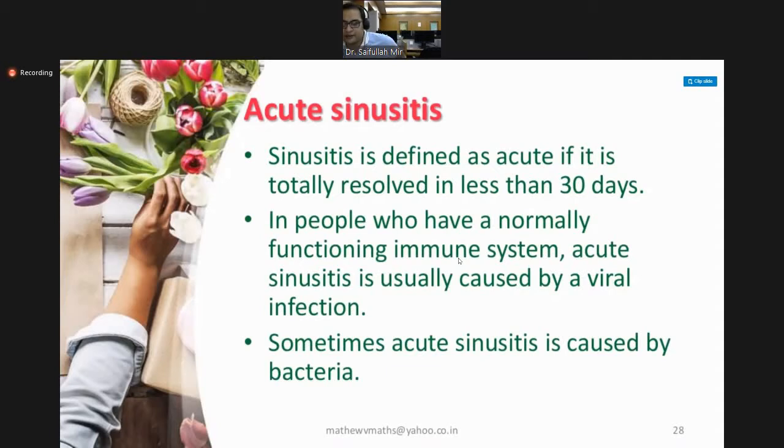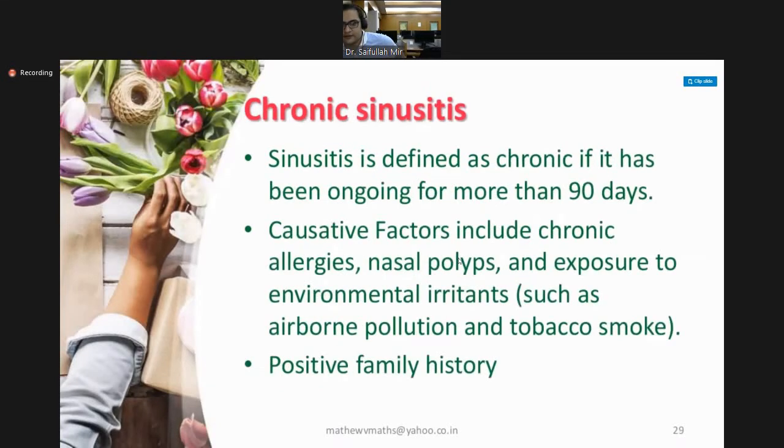It happens in people with a normally functioning immune system, and acute sinusitis is caused by a viral infection. Sinusitis more than 3 months is termed chronic. Allergies, polyps, exposure to irritants such as airborne pollution, especially in chemical and petrochemical industries, and tobacco smoke are all factors.